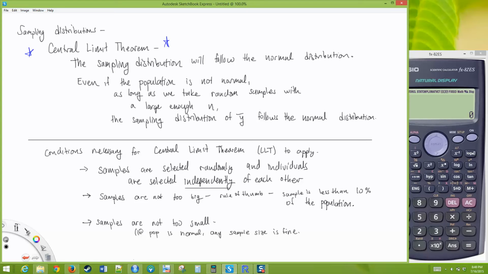And if the population is not normal, generally samples of size 25 are recommended, but extreme skew in the population might require samples larger than 25. N greater than or equal to 25 is usually okay. Sometimes larger N required.